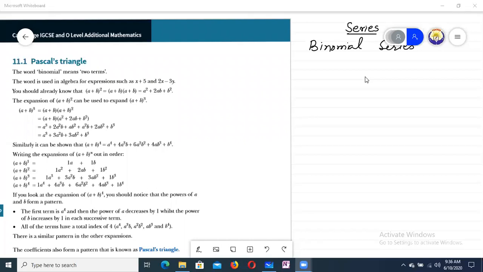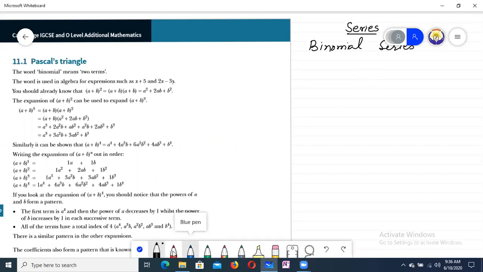The word binomial means two terms. You are already familiar with the kinds of algebraic expression. An algebraic expression having one term is called a monomial.